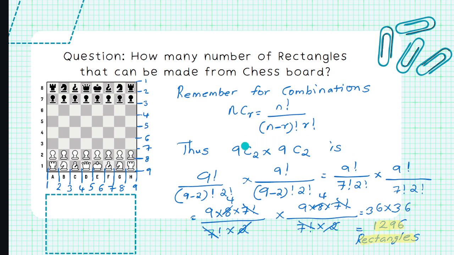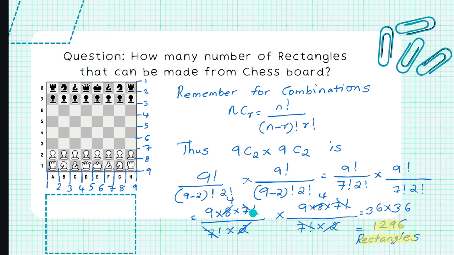Thus, 9C2 times 9C2 is 9 factorial divided by 9 minus 2 factorial, multiplied by itself, which is again 9 factorial over 9 minus 2 factorial. That simplifies to 9 factorial over 7 factorial times 2 factorial, times 9 factorial over 7 factorial times 2 factorial.